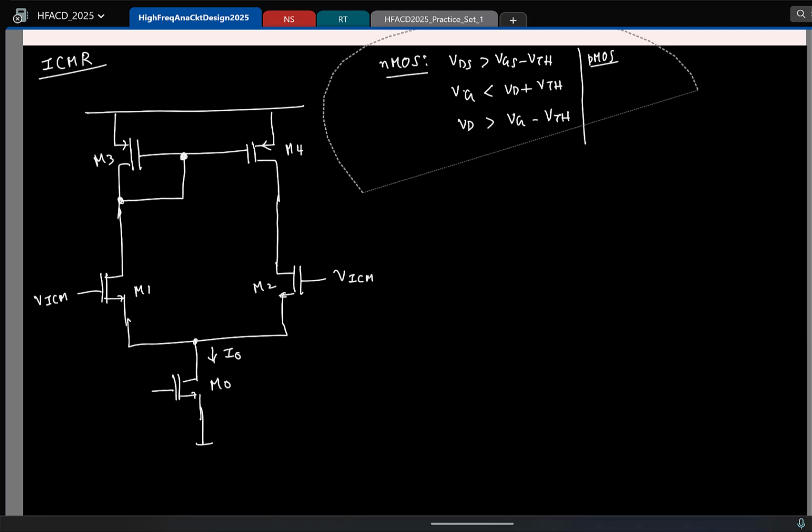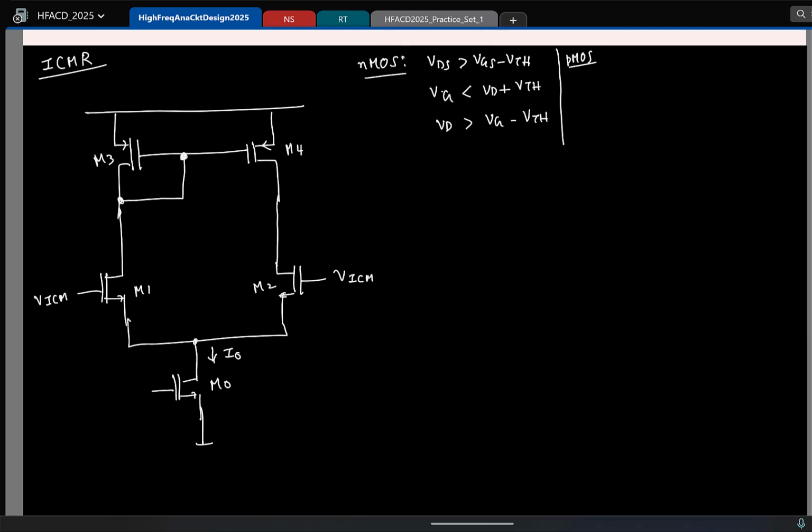Similarly, for a PMOS transistor, what is the condition? Okay, I will write it this way. Source to drain must be greater than source to gate minus mod VTH.